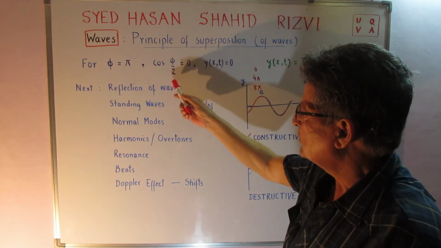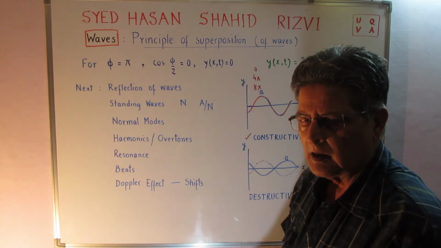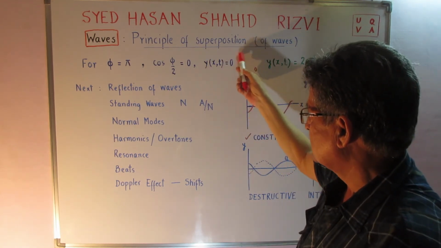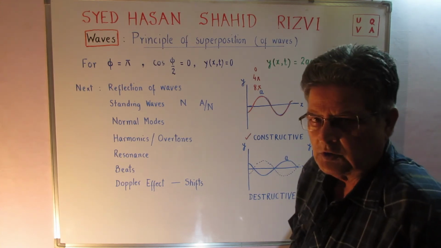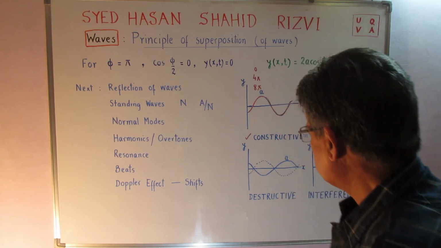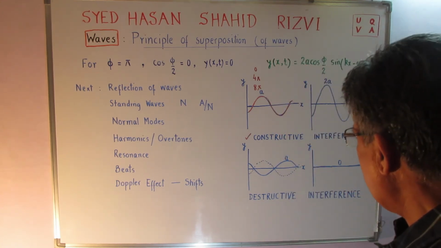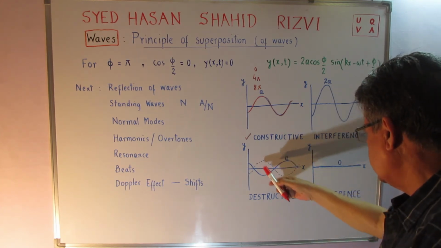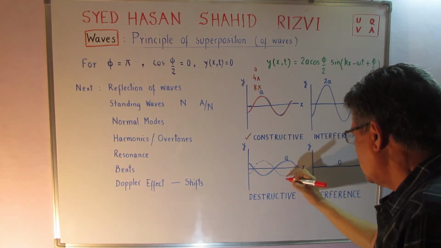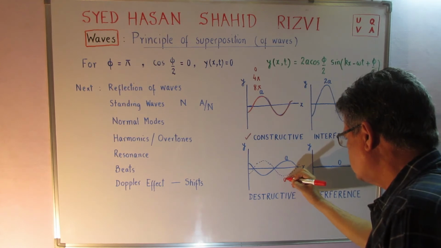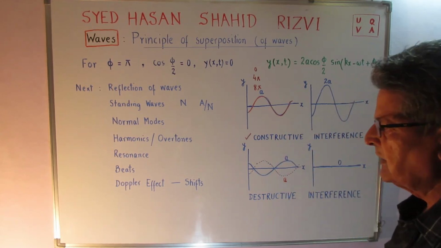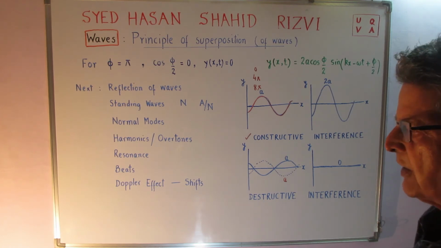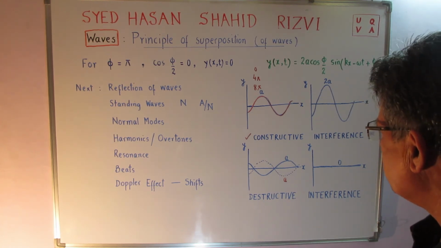Then cos(phi/2) becomes equal to 0, and the net value y(x,t) is equal to 0. This is what is shown here. One wave is like this, and the other wave of the same amplitude has a phase difference of 180 degrees at all positions of x.